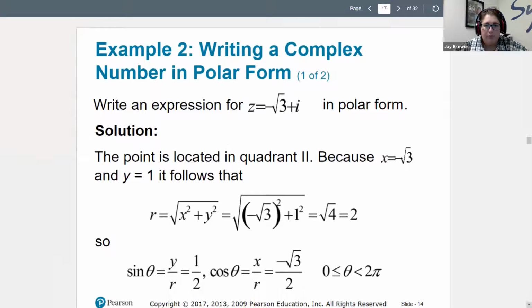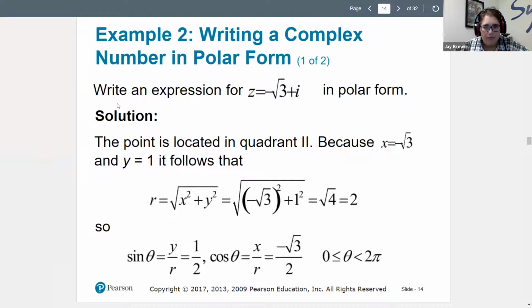So example 2, we want to write an expression for z equals negative square root of 3 plus i in polar form. So the point is located in quadrant 2 because x equals negative square root of 3 and y equals 1.